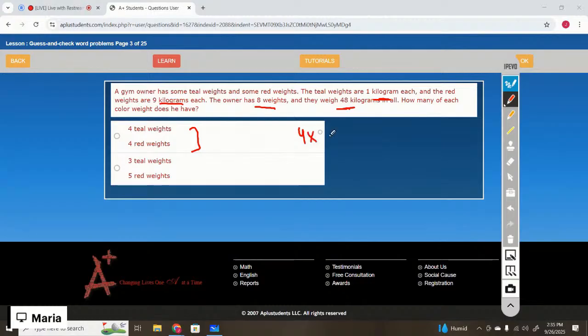Four times one plus four times nine. Four times one is four. Four times nine is 36. That is 40. That is not the correct option. Answer must be 48.